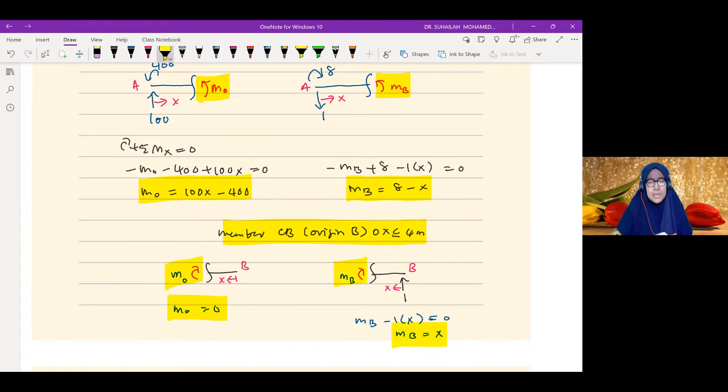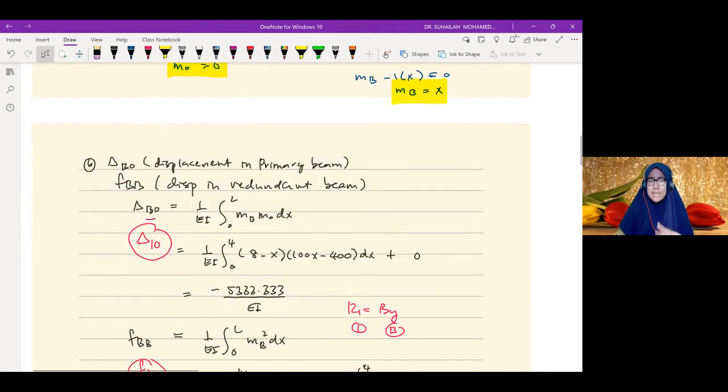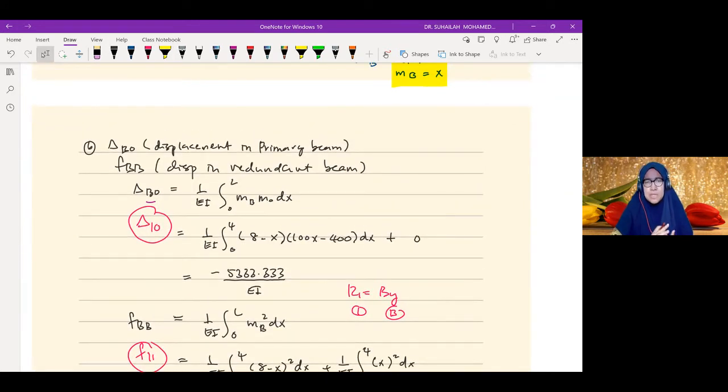Okay, so we write the moment equations. There are 4 moment equations. We substitute these moment equations into the displacement formula. The compatibility equation is actually the displacement at the redundant position in all systems.